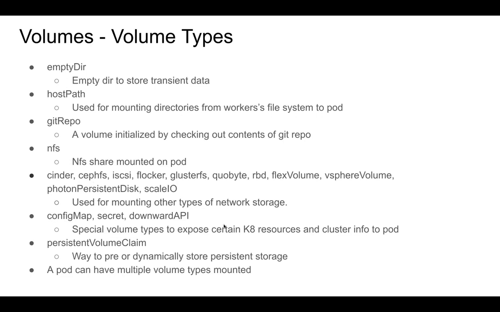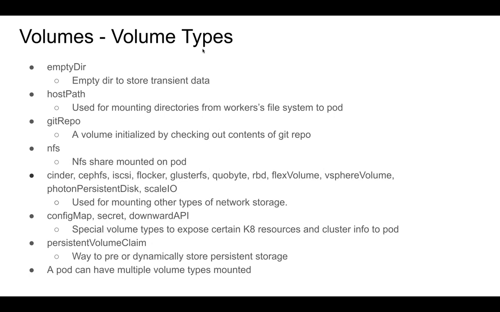Let me just summarize what we discussed so far. In a pod you can have containers, and these containers can come and go. A pod can have multiple containers, so you want to share data between these containers via a volume or file system. Second, any of these containers can crash, and the pod will bring another container in place of the crashed container.